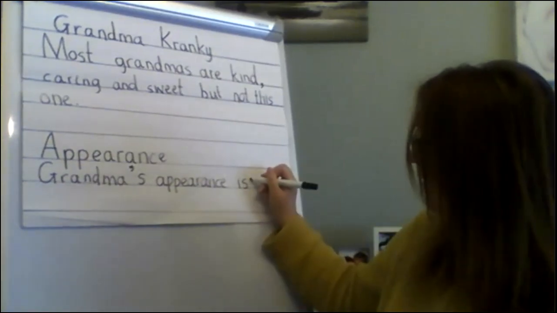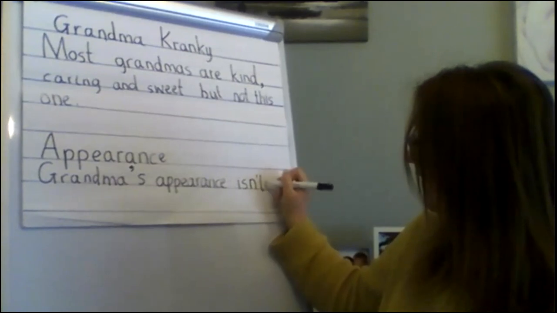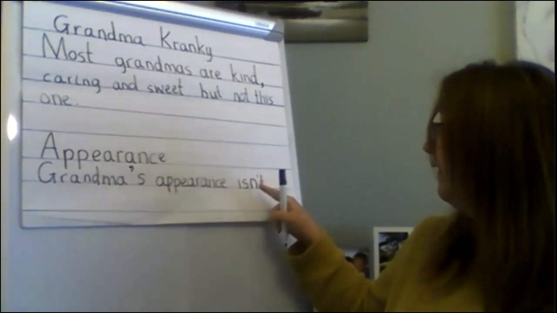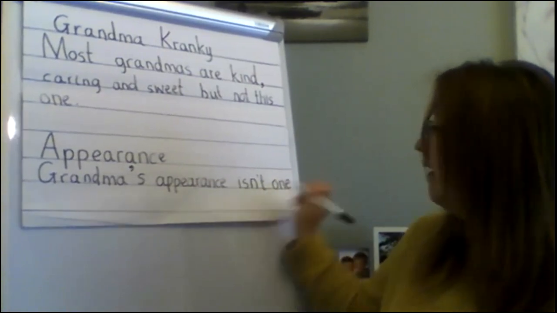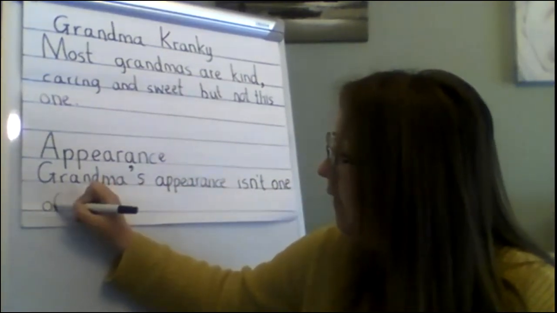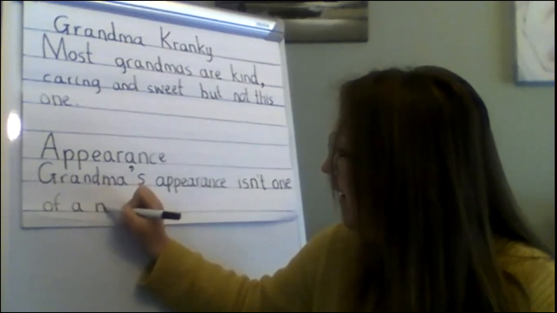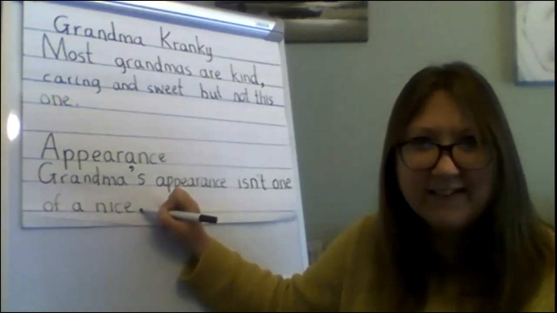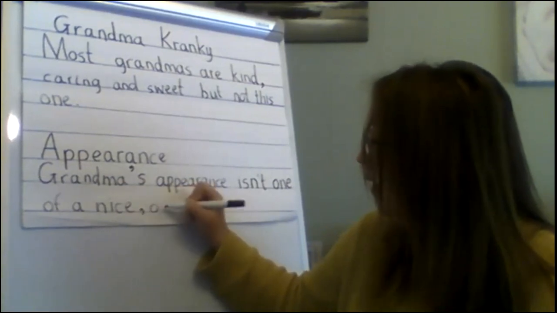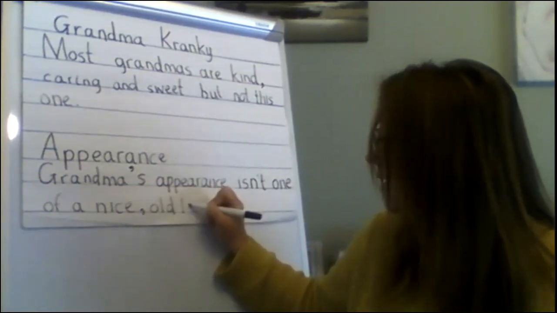I'm going to make that easier for myself. I'm going to put isn't. Grandma's appearance isn't one, O-N-E, of a nice. Oh, and then I've got things in the list. I need a comma. Old lady.